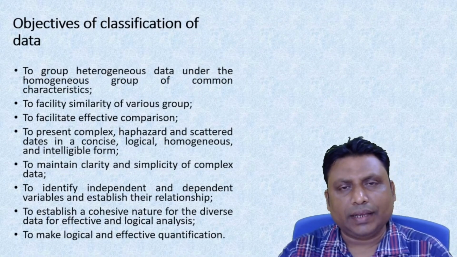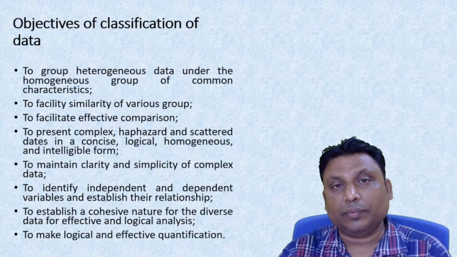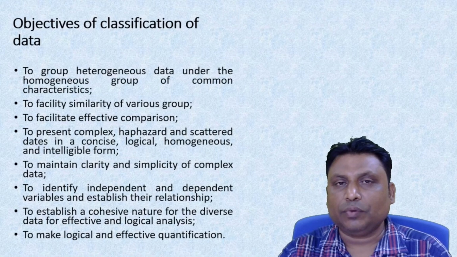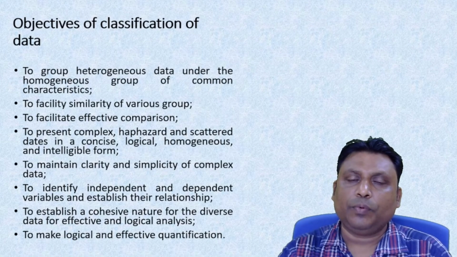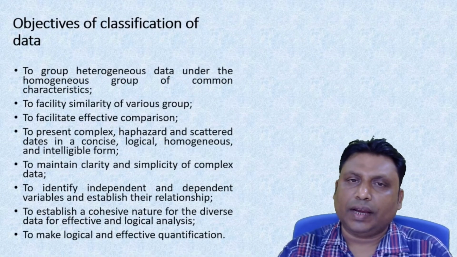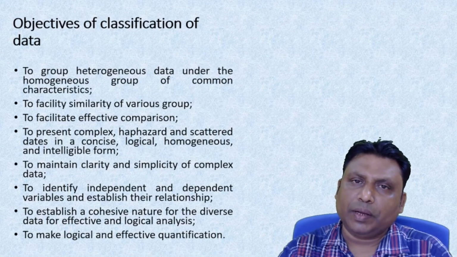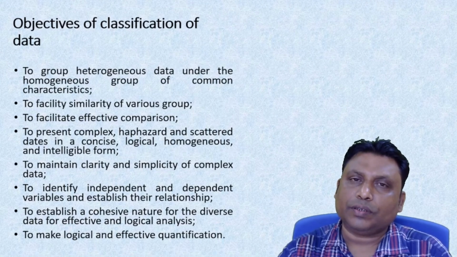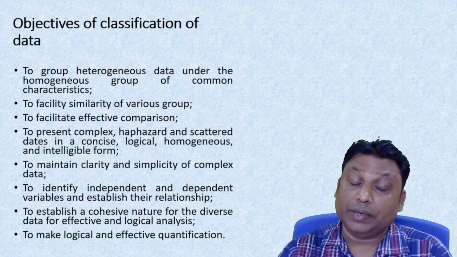When you are analyzing your data, first you have to find out who the dependent variables are. For example, suppose you have to find out how to develop quality education in your organization. At that time, what is your dependent variable? Developing quality education. This is the dependent variable.